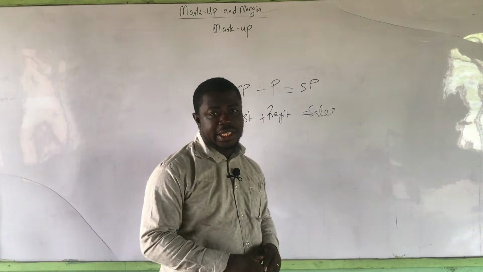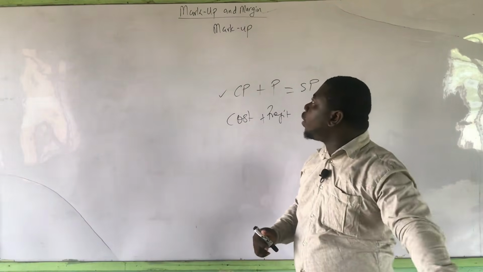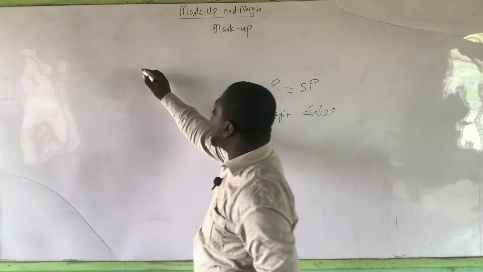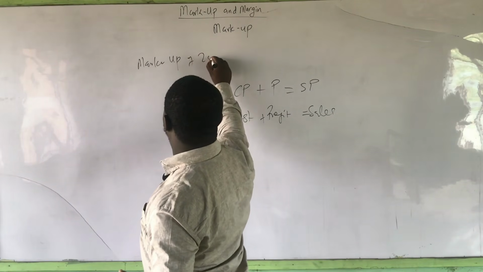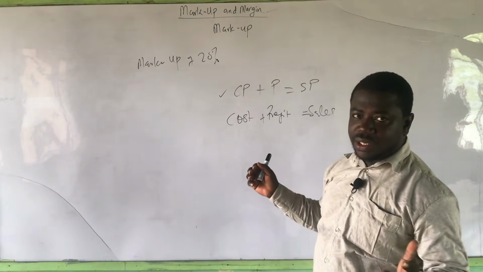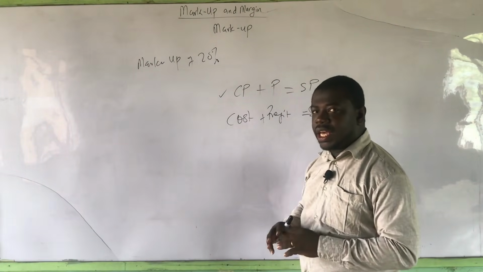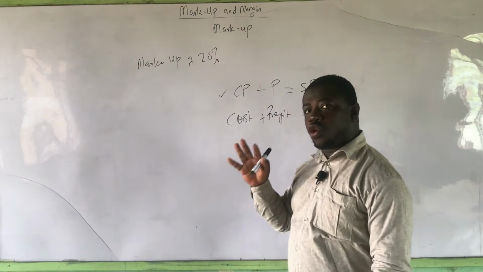It is always a percentage or a fraction that will be given. So if you are told that you calculate a markup, let's say you are given a markup of 20%. Maybe you may not understand the concept of it. It's about a percentage that you are putting on your product as your profit.